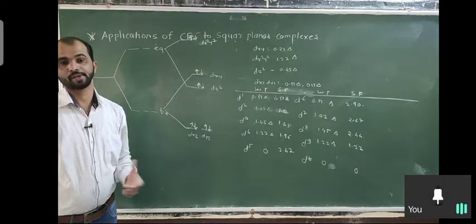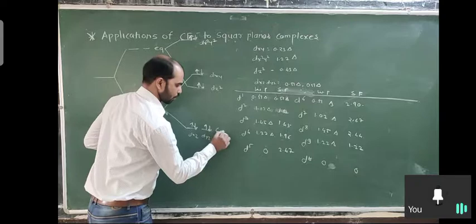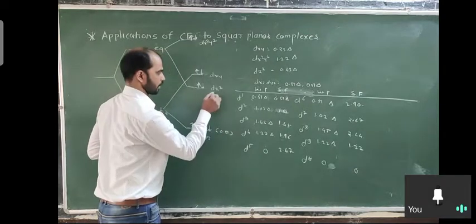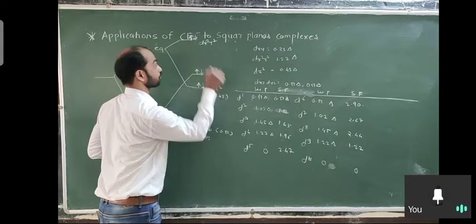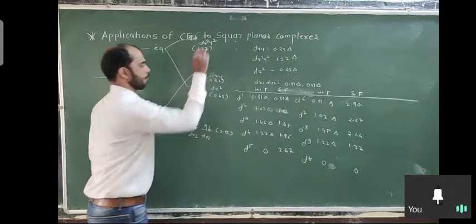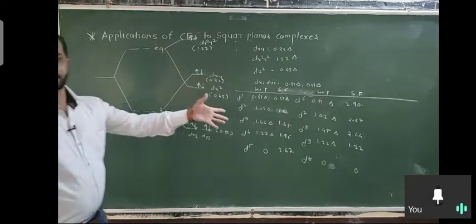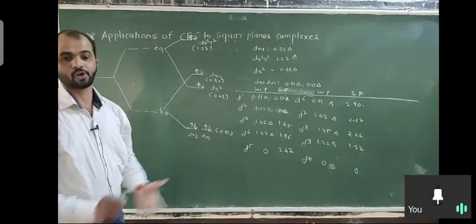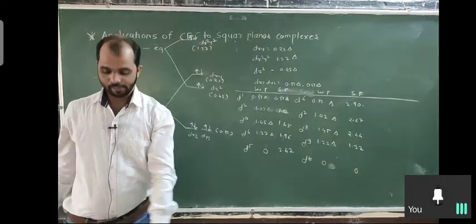You know the values: 0.51 for each here, 0.43, 0.23, and here 1.22. These are the energies, and you can calculate energies using this. So this is all about the applications of CFT in square planar complexes.